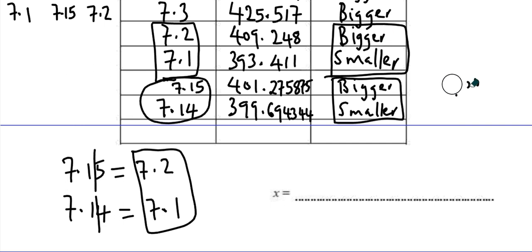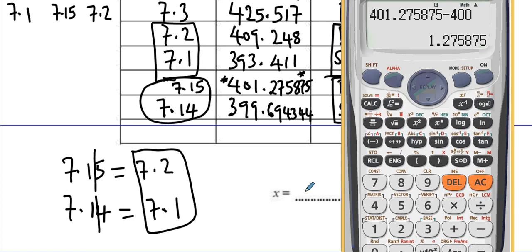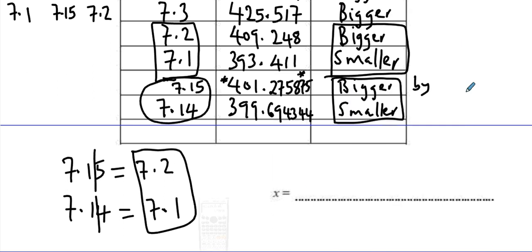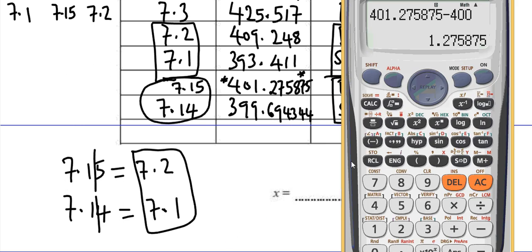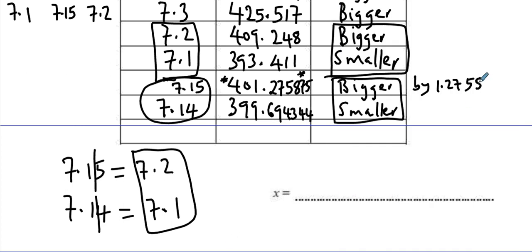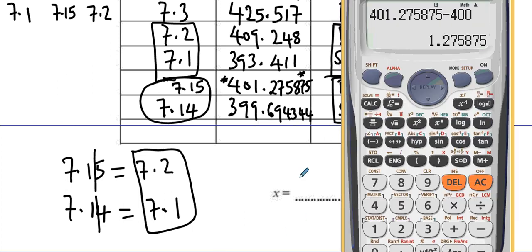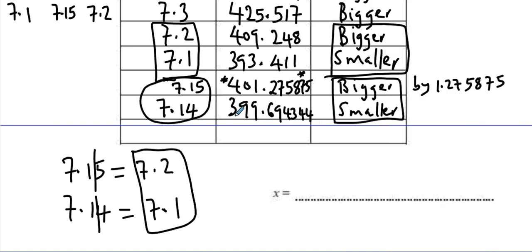This answer is bigger than 400 by 1.275875.